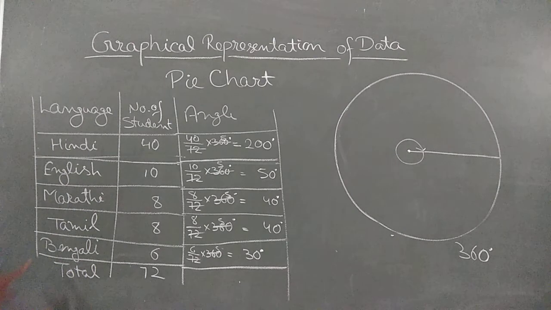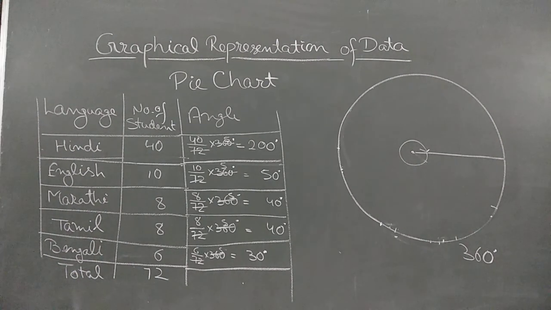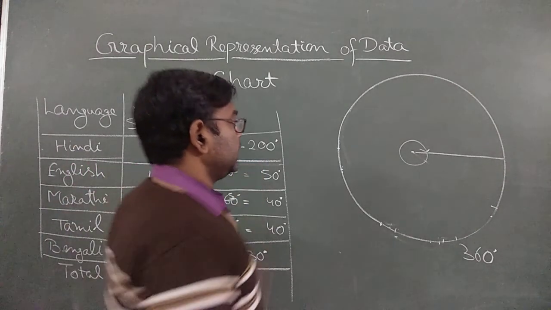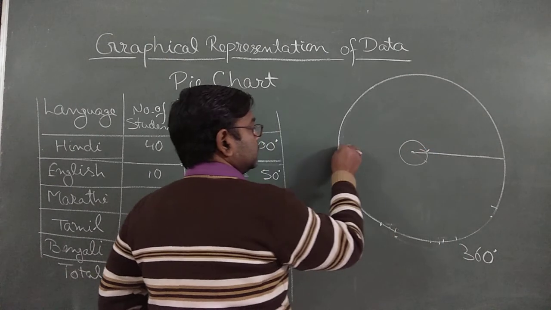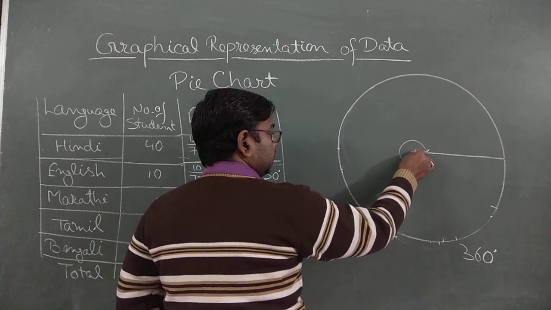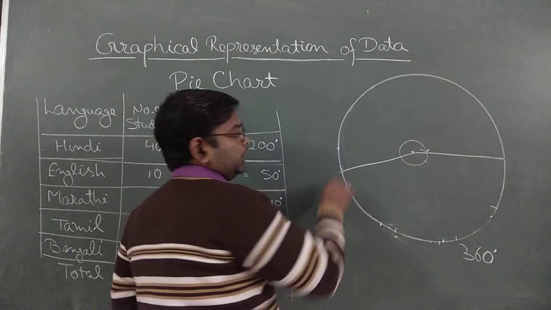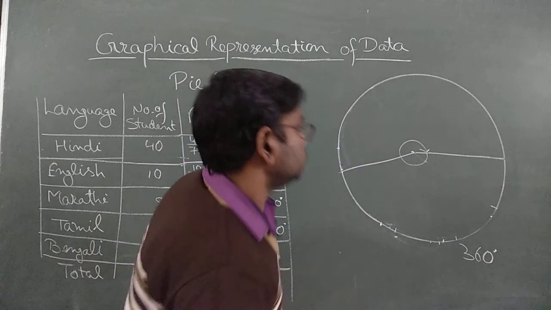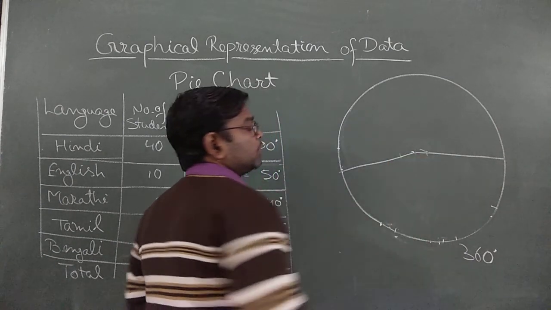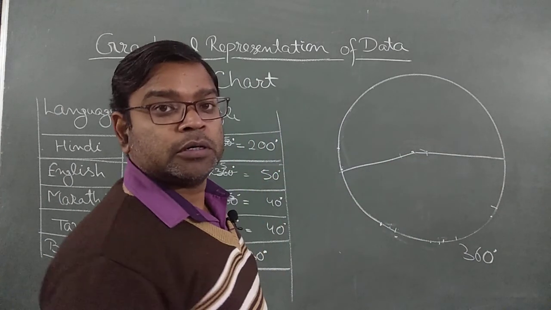So let's start. Okay, I am going to represent this. This is the first sector, 200 degrees. As we know, a diameter makes 180 degrees, and use your protractor to find the measurement of 200 degrees. You must use your protractor and take one of the radii as the initial arm of the angle.